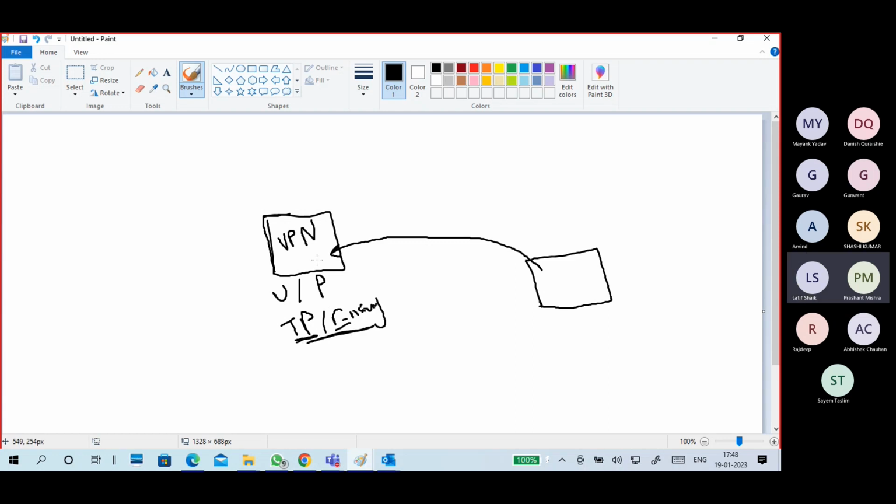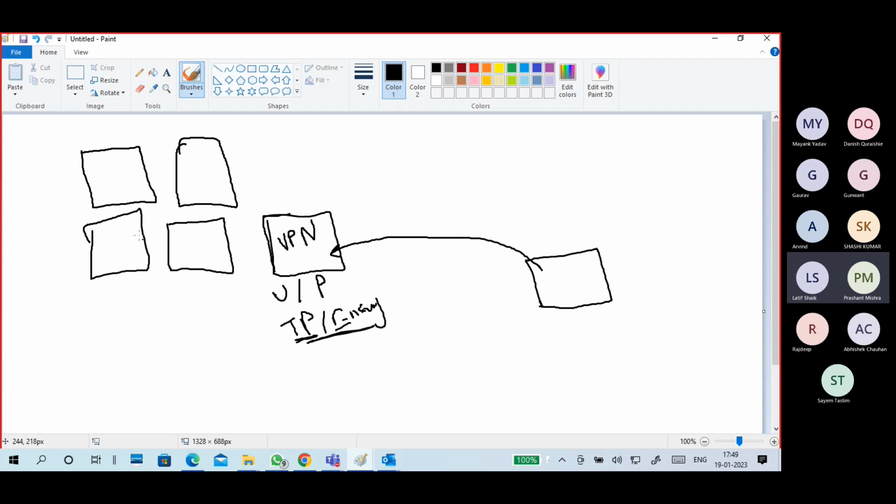Why do we need to connect? Sir, there are a lot of applications based on VPN connections. We need to access our infrastructure, meaning servers, applications, database servers, networking components, whatever it is.